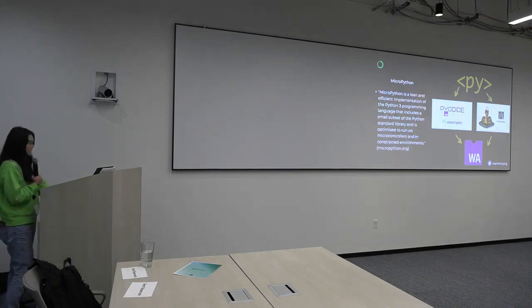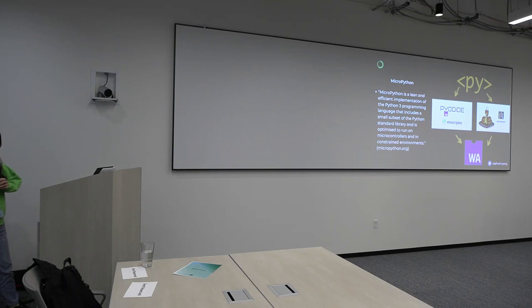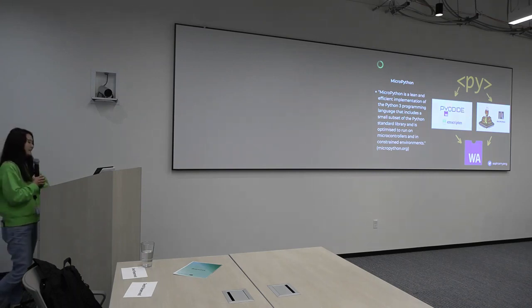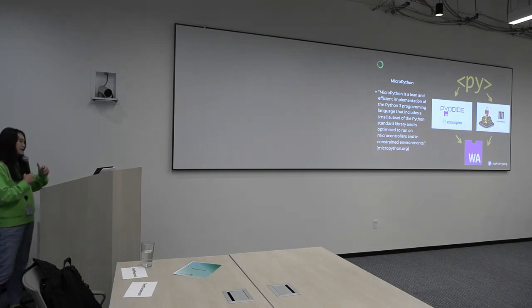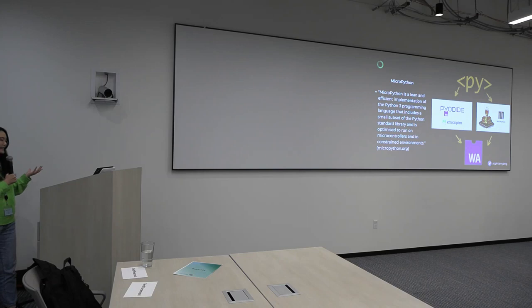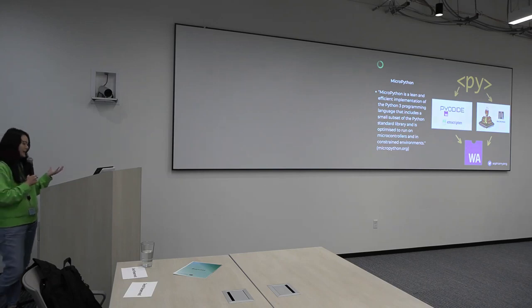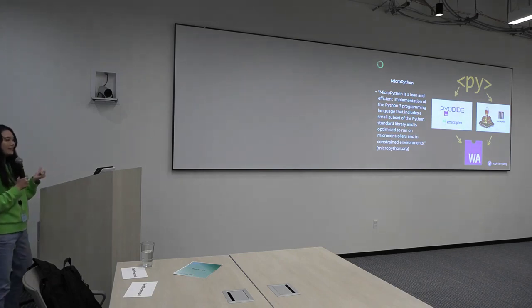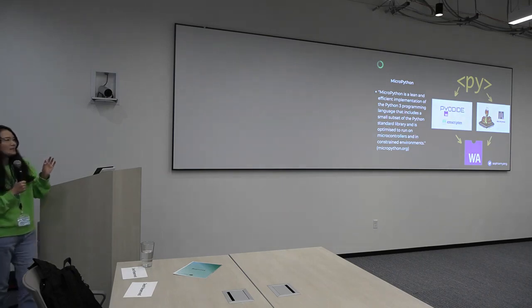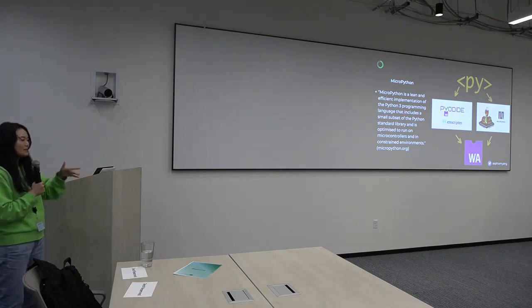The other route is through MicroPython. MicroPython is a lean and efficient implementation of the Python 3 programming language, and it only includes a small subset of the Python standard library. So it's really efficient and really fast. So when you use Pyodide, there could be a little loading time to download certain packages.